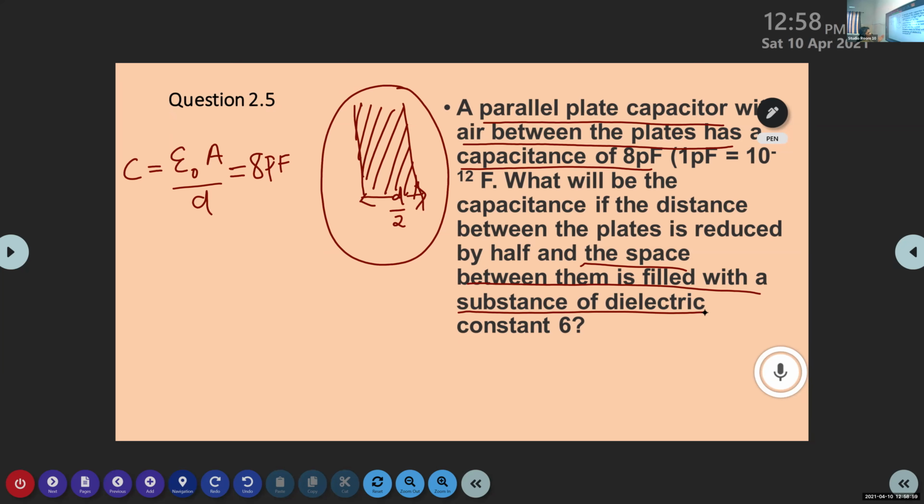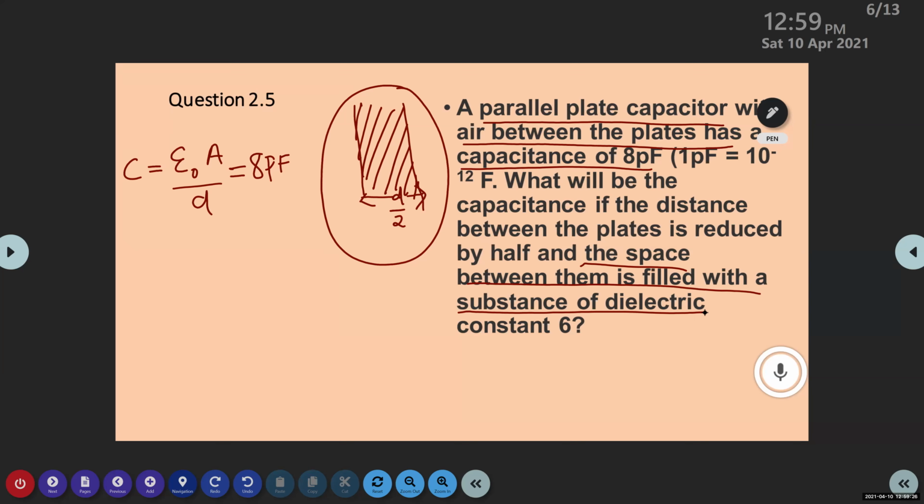Then what is the equation for calculating the capacitance? So the initial conditions are changed. Here the distance of separation between the plates is reduced to D by 2, and also the medium of separation between them is now a dielectric.